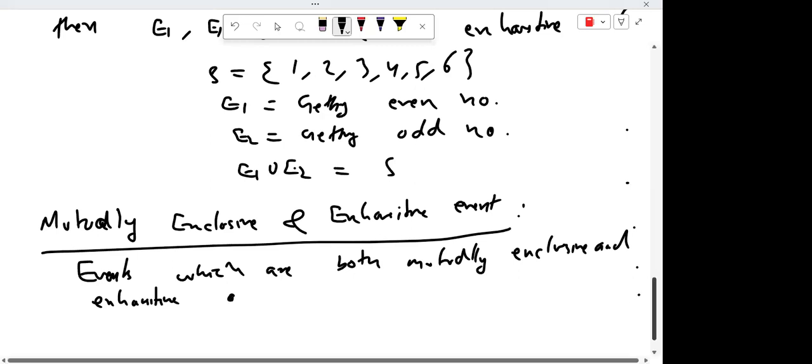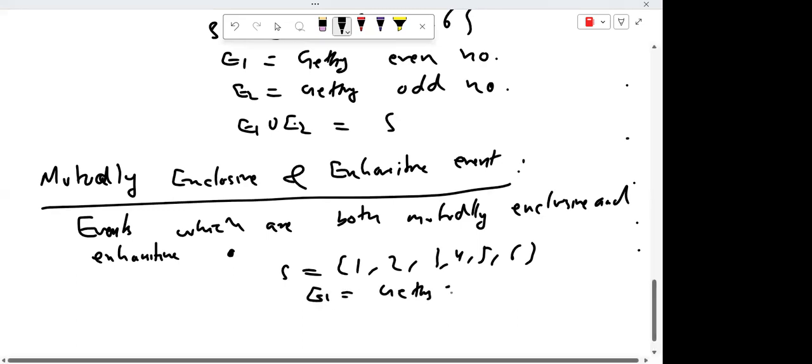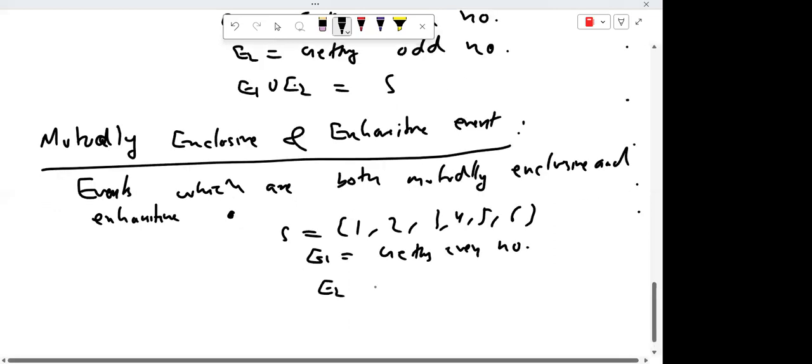Again the same example: 1, 2, 3, 4, 5, 6. E1 is getting an even number, E2 is getting an odd number.